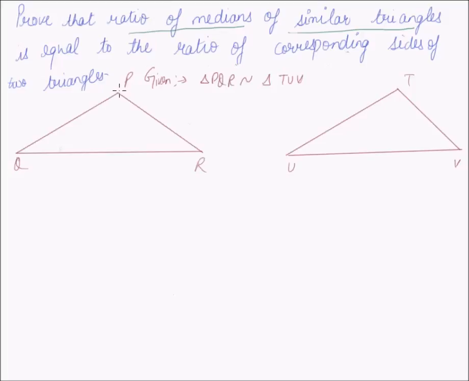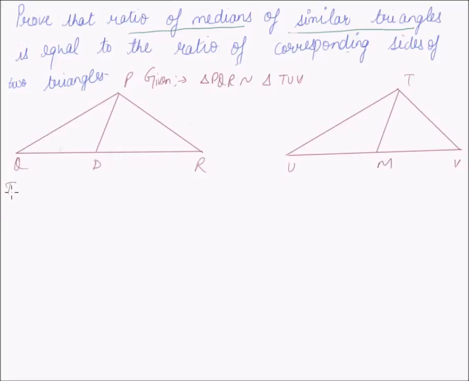Friends, a median is a straight line drawn with the purpose of bisecting one of the sides from one of the vertices. That is, if we draw a straight line from P such that it bisects QR, then it will be the median of QR from P. So in both the triangles, let the medians be PD and TM.